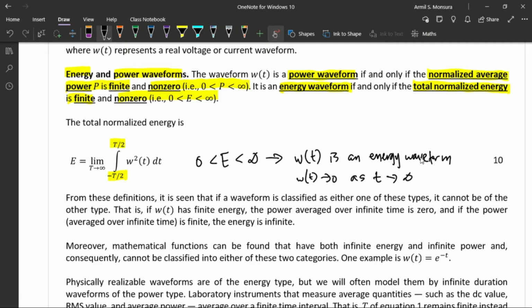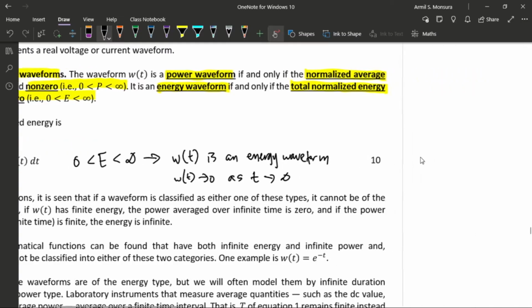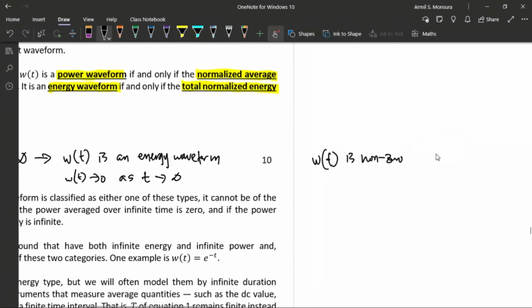Which means, if your waveform is time limited, meaning your waveform is non-zero only for a certain interval of time, say for example, your waveform is non-zero for a certain range of time from T1 to T2, while it is zero otherwise, then your waveform is time limited because it is only defined for a certain interval of time.